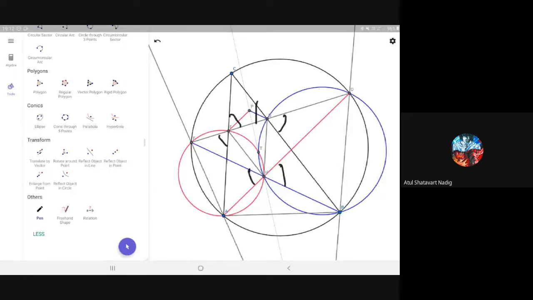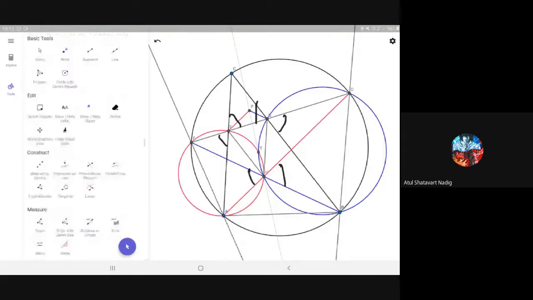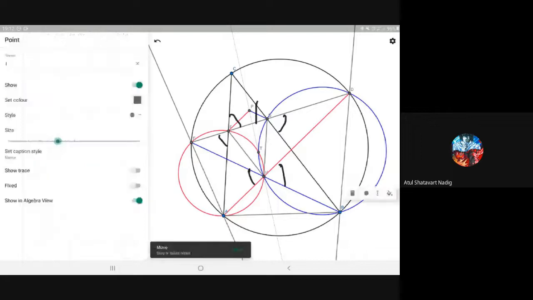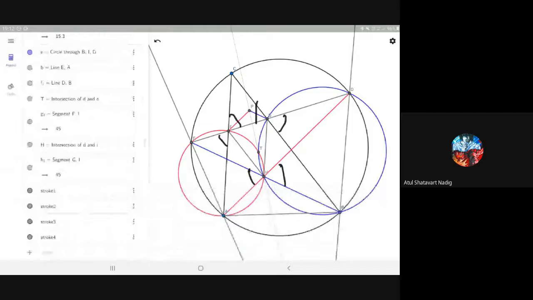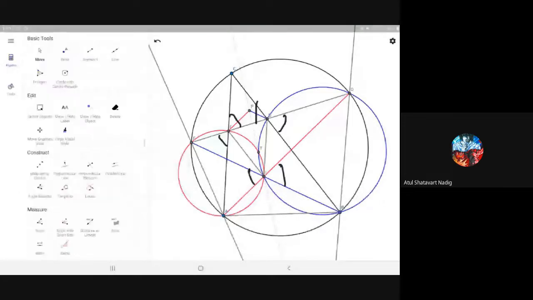This basically proves that CFG is isosceles. I renamed I to H. Oops, I introduced a new point. Also, it is kind of easy to prove that I and C are reflections over DE. I'll just leave that to you. It's kind of easy to see that. So you can also get that CFIG is a rhombus.